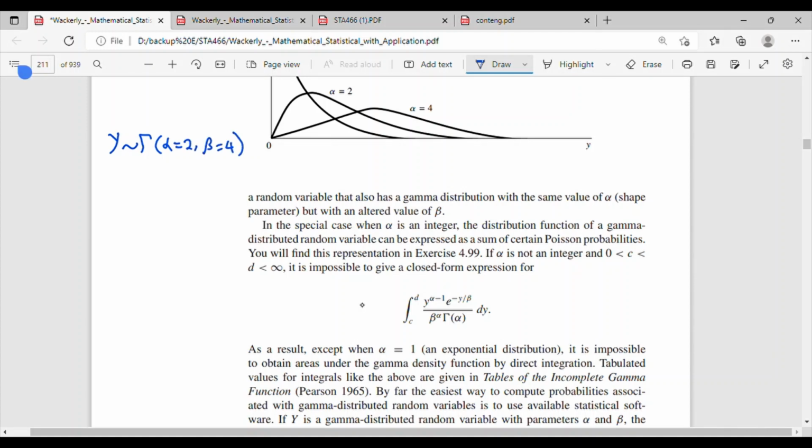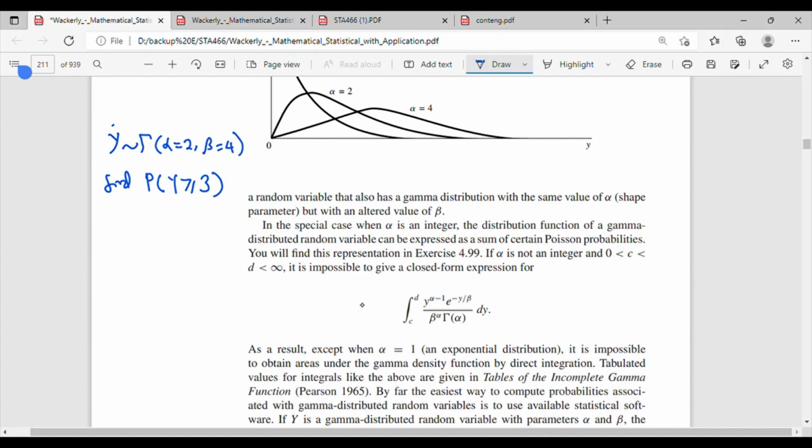Okay, then find the probability of y more than or equal to 3. Okay, so in order to find the probability, we need to know the distribution for y first. To find a probability, we must first know the distribution of the random variable y. So now we know y is from a gamma distribution.